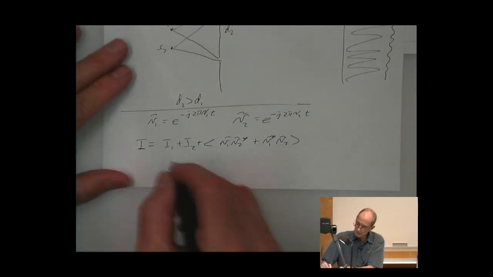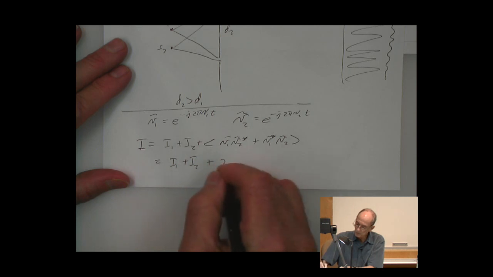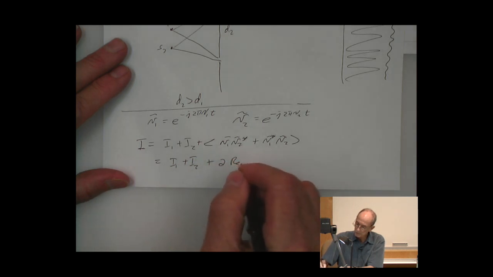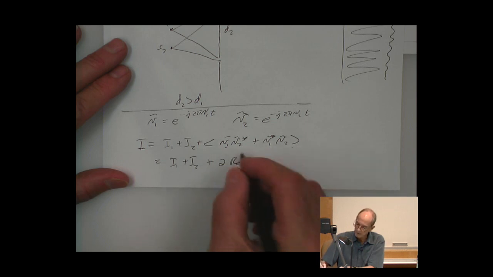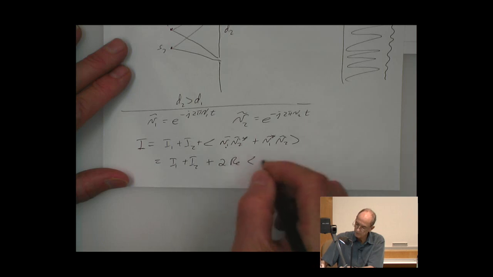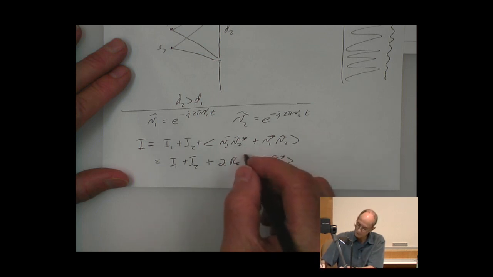And so this equals I1 plus I2 plus twice the real part of V1 V2 star, since we have a complex number and its conjugate, which gives us twice the real part of that number, just from our complex field notation.